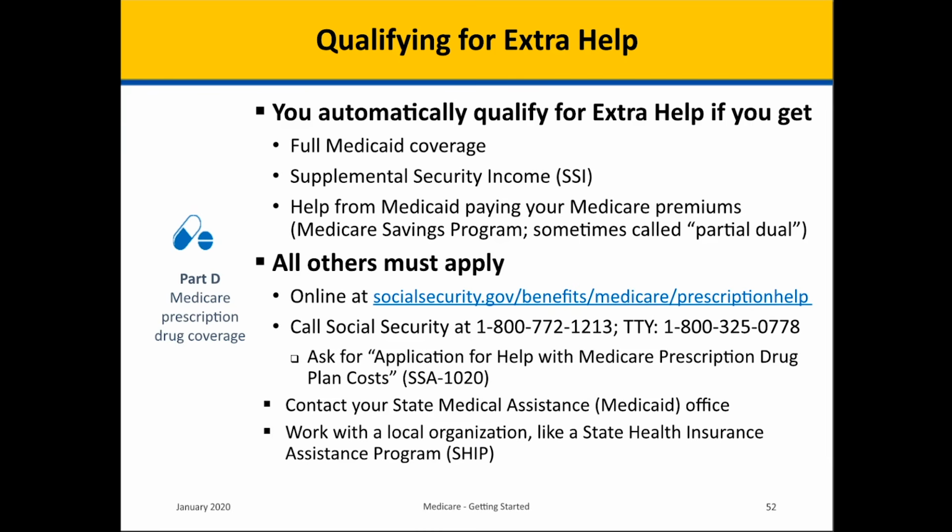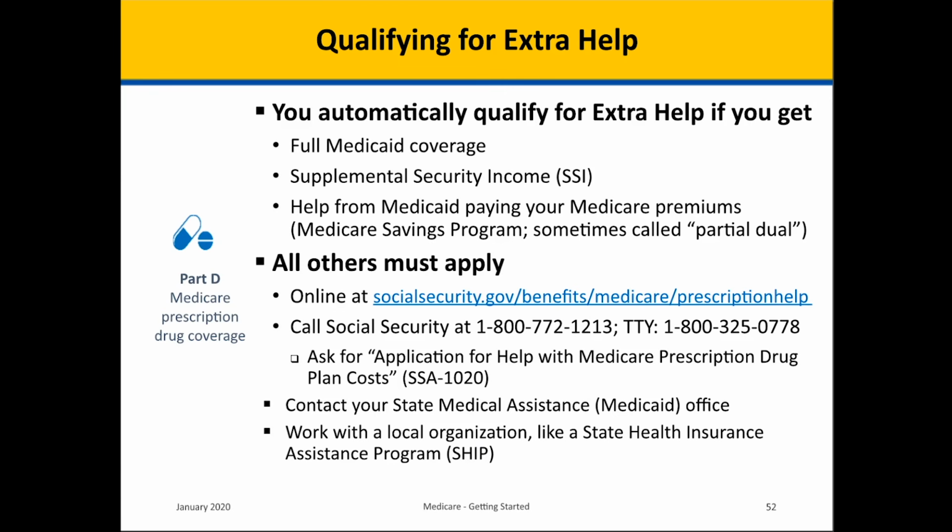Even if you don't meet any of those conditions, you may still qualify for Extra Help, but you'll need to apply. If you think you qualify but aren't sure, we again suggest that you apply. You can apply for Extra Help at any time, and reapply anytime if you're denied or if your circumstances change.